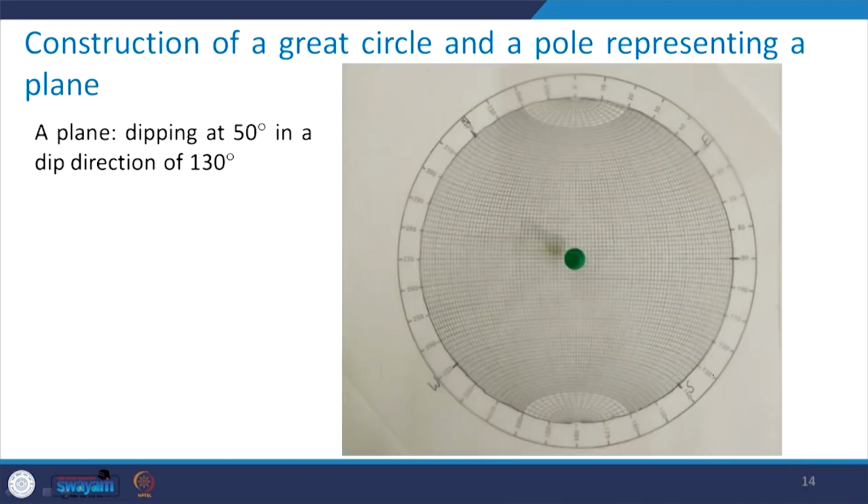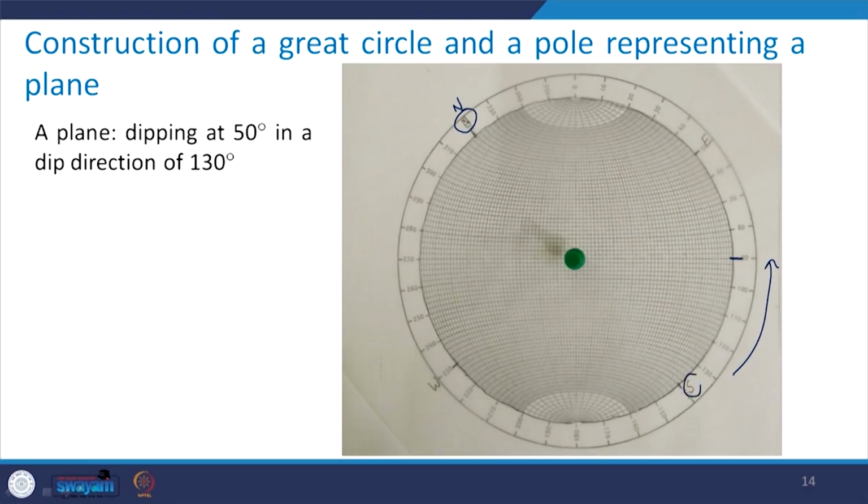You see that the mark was earlier here, so I rotated it. This is 130 degrees, so I have rotated it back. Now you see that the north has been shifted from this place to this place. Now this is north. Can you see the marking here, which was the original marking?